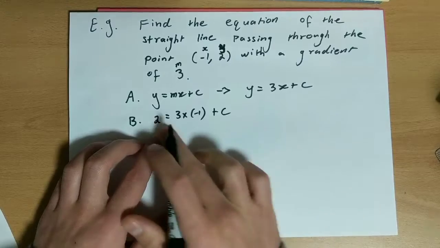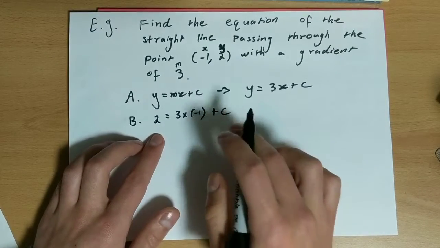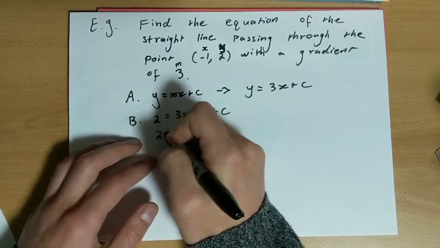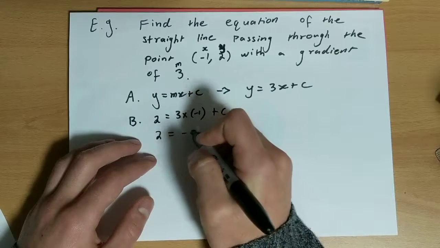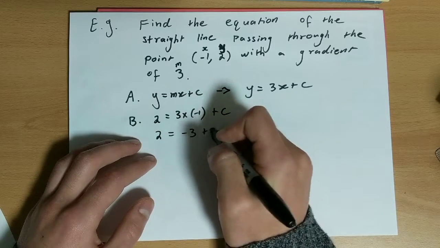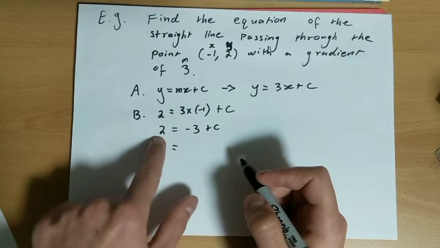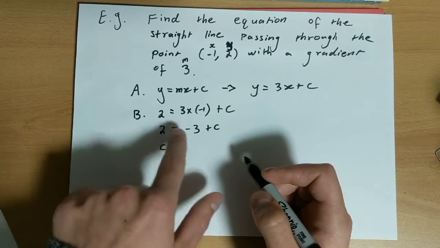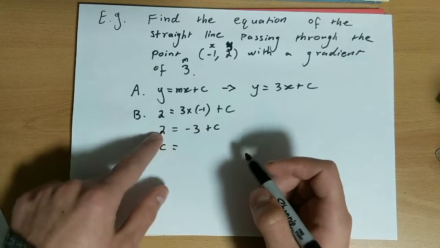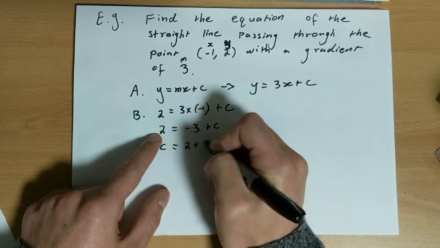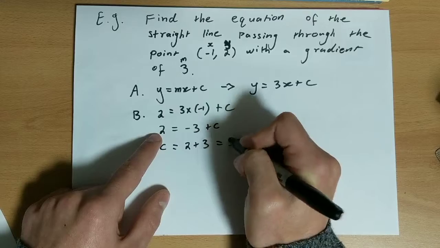Okay, so the only variable I have left here is c, therefore I can solve. So let's solve this. 2 equals 3 times negative 1 is negative 3 plus c. I'm going to isolate c by moving the 3 across to the other side by adding 3 to both sides. So c equals 2 plus 3, which equals 5.